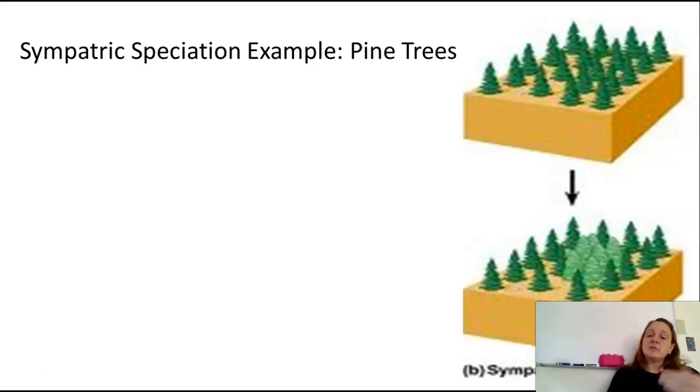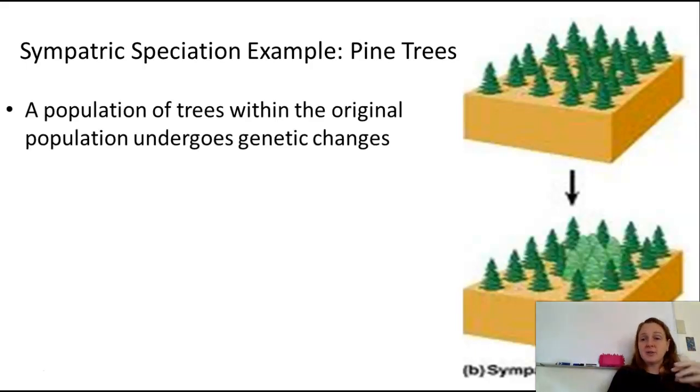And so the reason why I like this example of the pine trees is because trees don't move. So if this population of pine trees happens to be planted or happens to be growing in a section of soil that's more acidic, or is wetter, or has a different composition, or happens to be polluted.